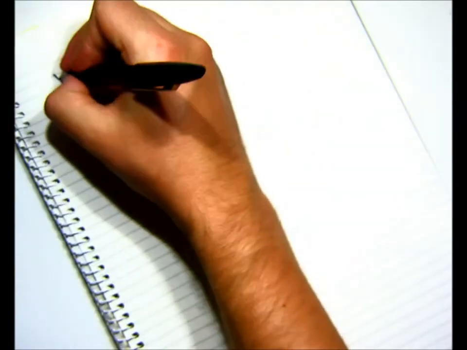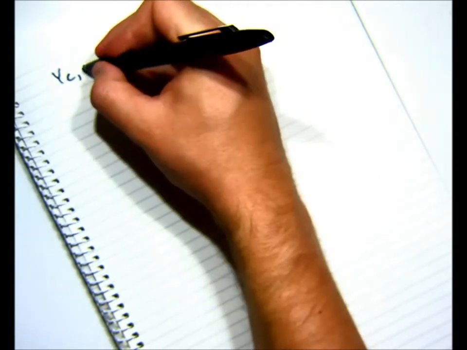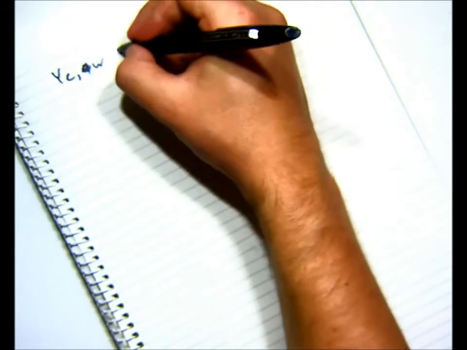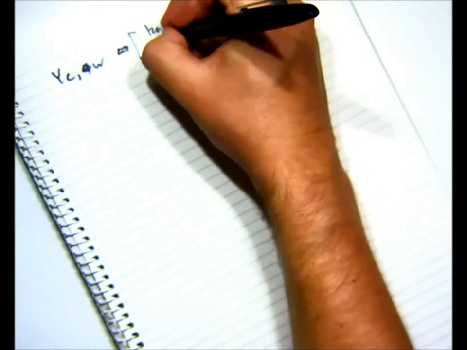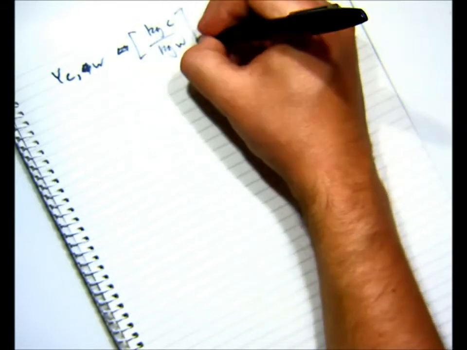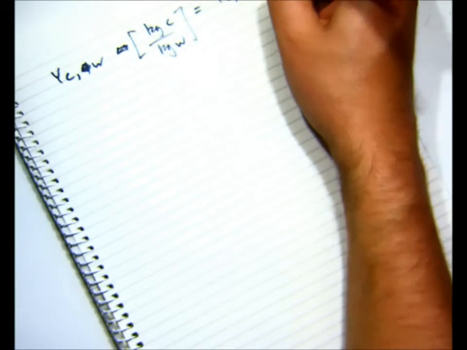So let's use carbon as the example. It'll be the same process for all of them. If we want to get the mass fraction of carbon on a wet basis, remember the units are kilogram carbon per kilogram wet. We have it on a dry basis, units kilogram carbon per kilogram dry.